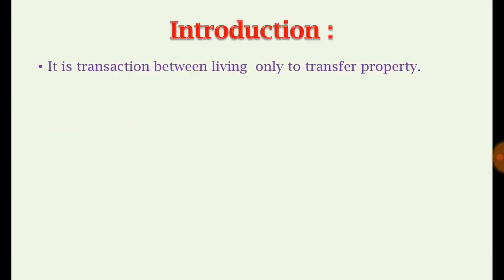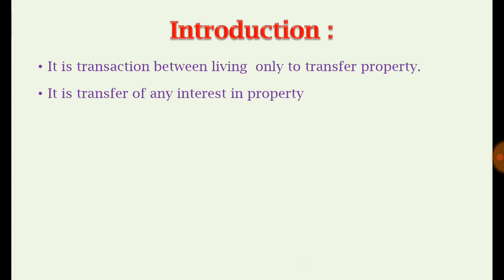Friends, in the last lecture we discussed the concept of transfer of property, where we saw that transfer of property is nothing but a transaction between two living persons for the transfer of property. It means this is a transaction to transfer property from one person to another. By that transaction, interest in a property can be transferred from the transferor to the transferee, because the parties to that transaction are called the transferor and the transferee.